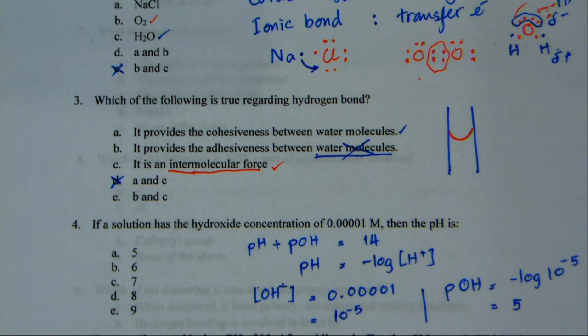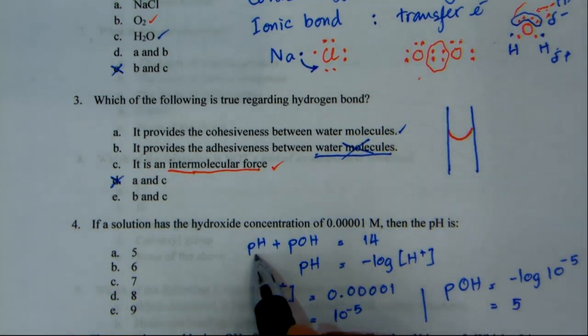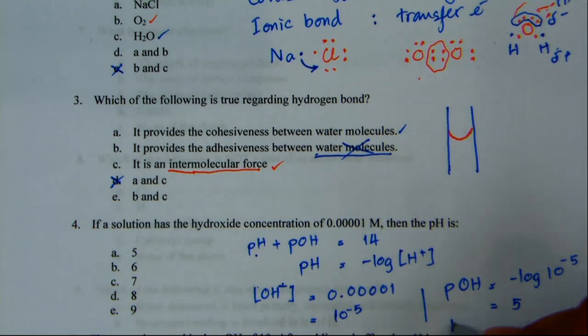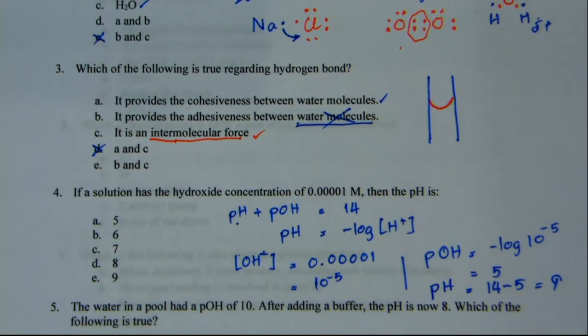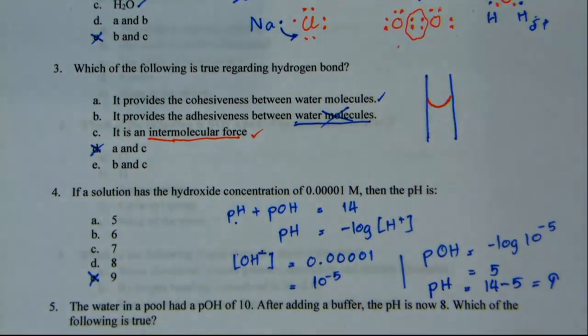Now that we have a pOH of 5, can we calculate pH? Yes, right? Using this formula, pH equals 14 minus 5, so we get pH equal to 9. So the answer is E here.